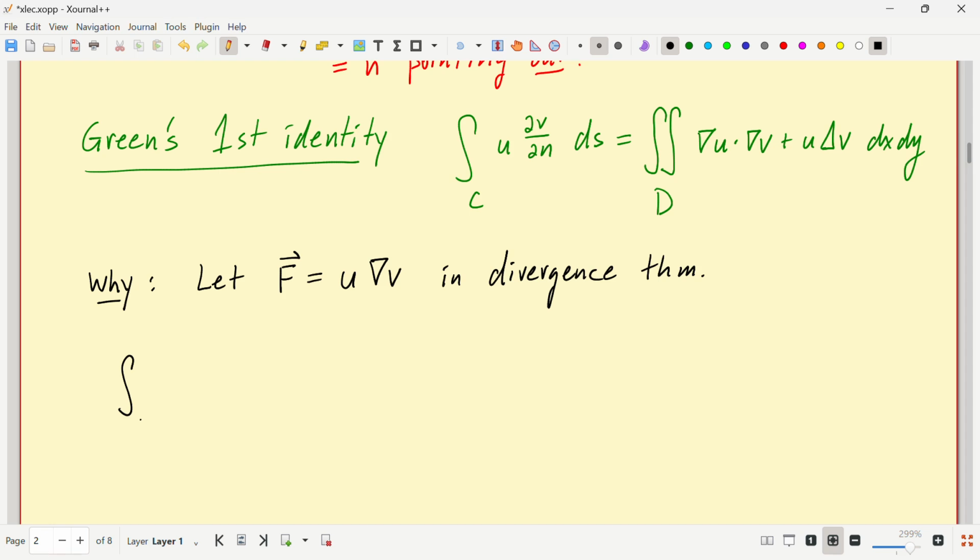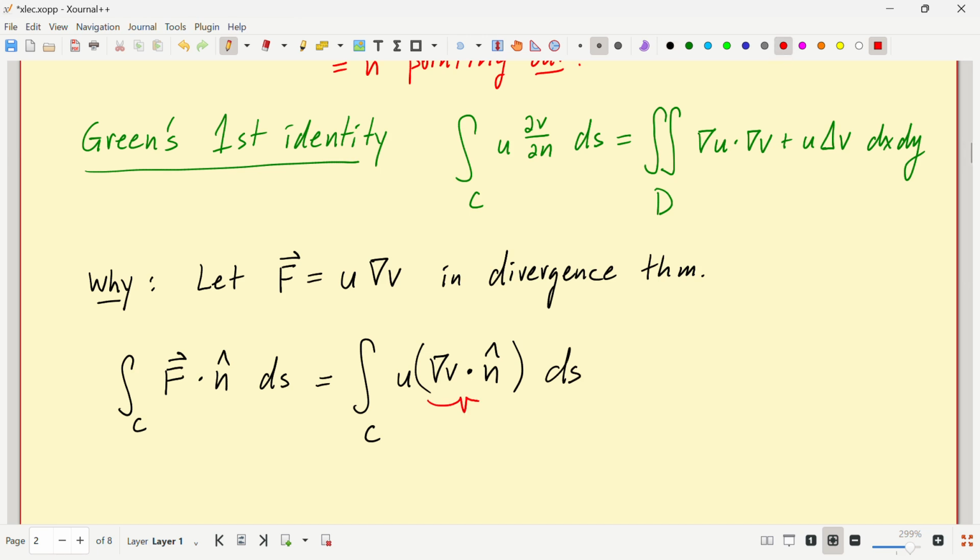I'll have the integral around C of F dot n ds. That would be the integral around C of u times grad v dot n ds. This is the directional derivative in the outward pointing normal direction. That's dv/dn by definition.